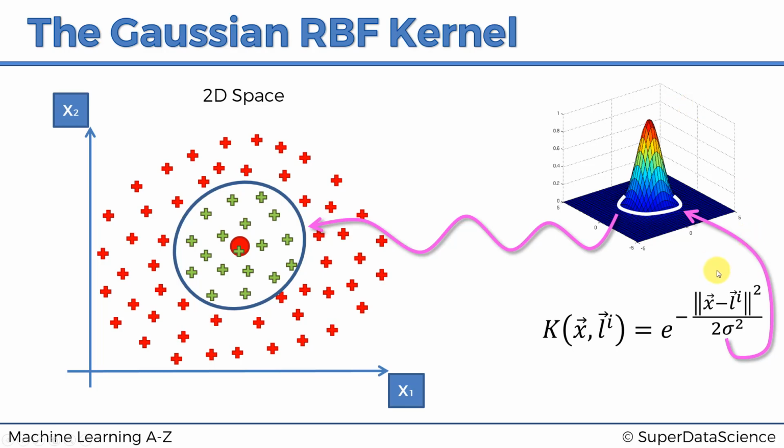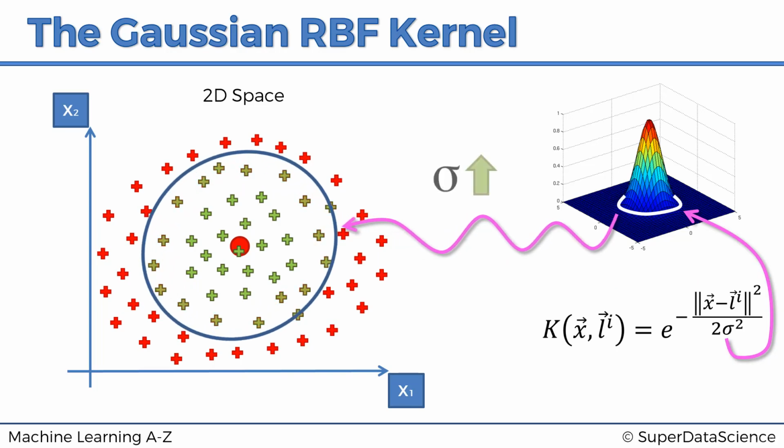Yes, we have this visual representation that involves a higher dimensional space, but if you look at the computational part, we were just calculating this formula, and then saying if this is equal to 0, then assign class red. If this is greater than 0, then assign class green. The computation is still happening in the 2-dimensional space, and that's called the kernel trick.